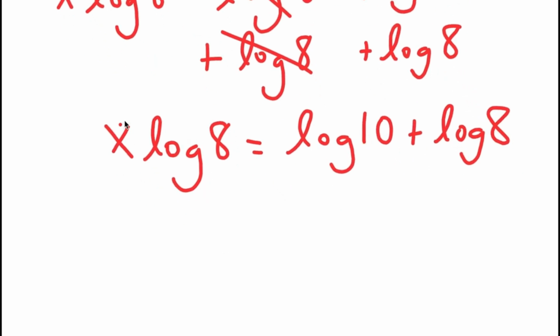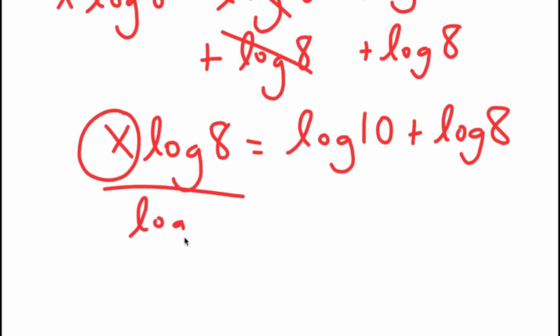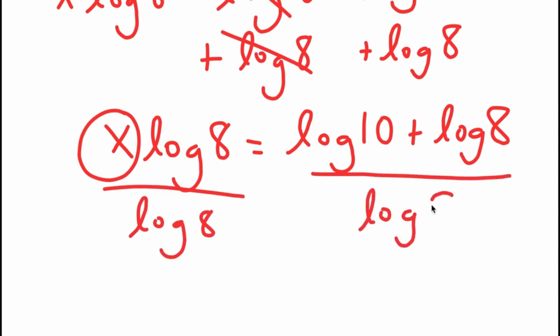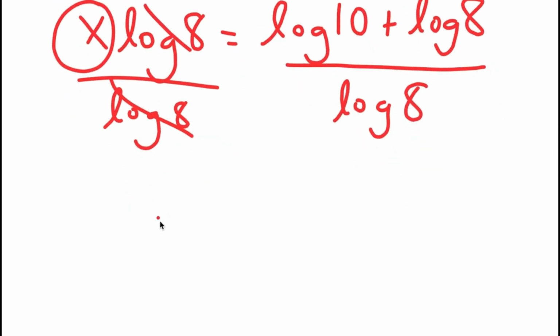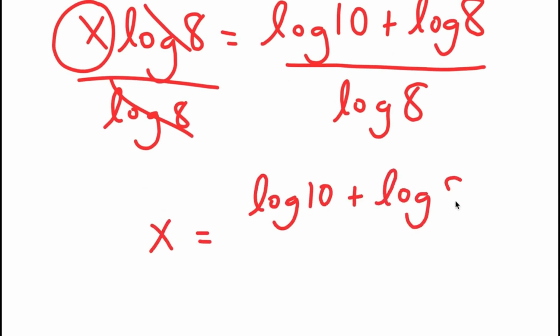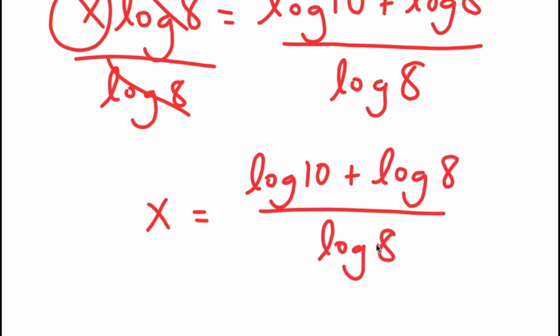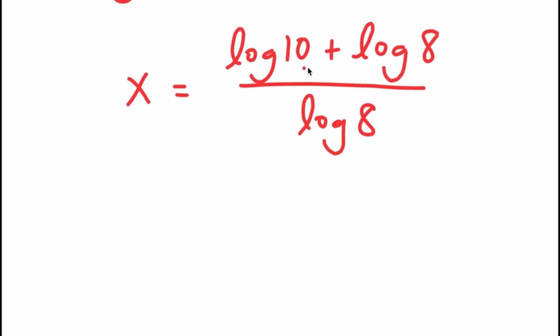And now we want to isolate x. So what I'm going to do is get rid of this log 8 by dividing both sides by log 8. So then these two cancel out, and I'll be left with x is equal to log 10 plus log 8 over log 8. Now log 10, that's equal to 1, if you guys already know.